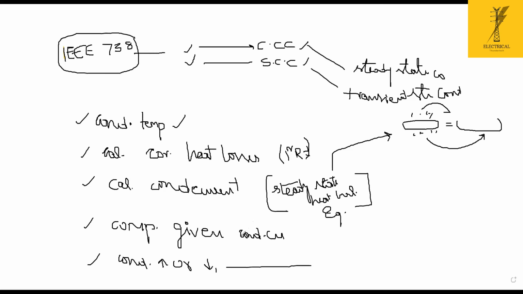Now, in a simple way, as per some standards or tables, I will show you in the next minutes, you can see that a 400 square mm conductor will carry 850 amps at 75 degrees Celsius. But this is a standard one.